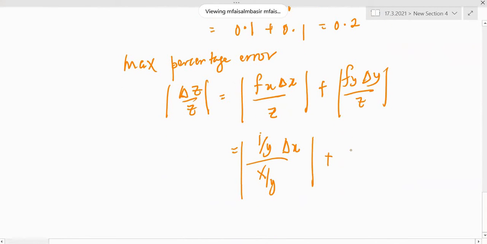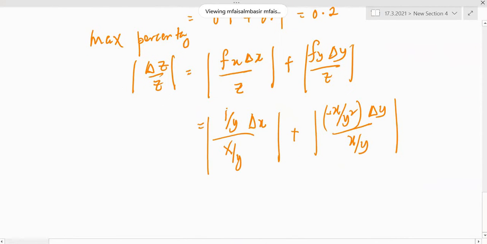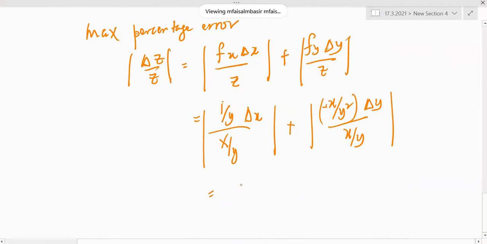Plus fy will be negative x over y squared delta y over x over y. Okay, so what will I have here? So y can be cancelled. This is delta x over x, plus this is delta y over y.